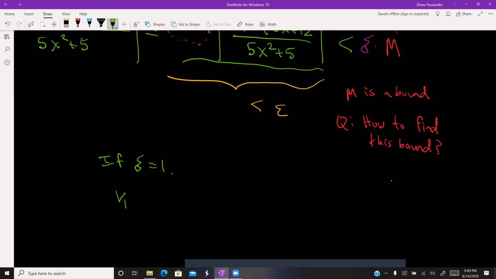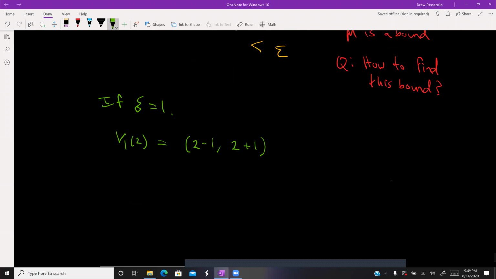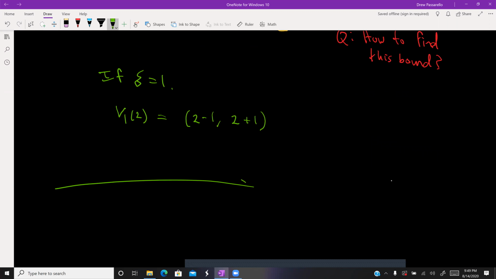So what is that going to be? That's the open interval from 2 minus 1, 2 minus delta, to 2 plus 1. Right, so we have our real number line.